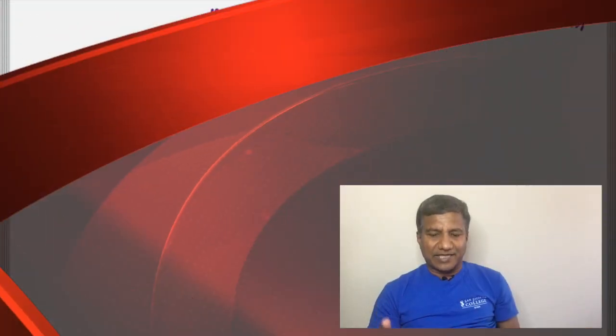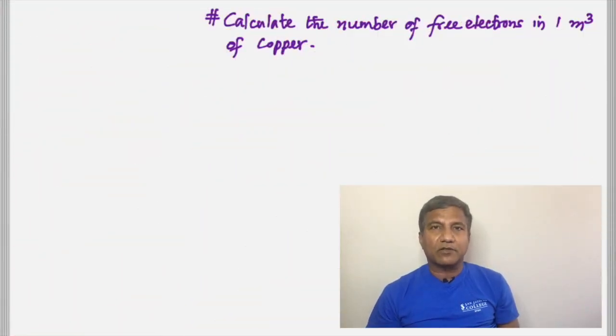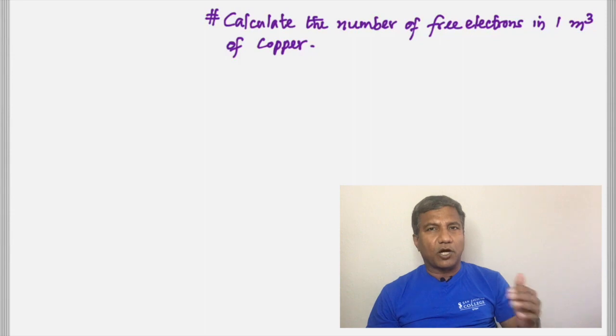So now let us calculate the number of free electrons in 1 meter cube of copper. The material copper has been specified and you will be given its atomic weight. And we also know that in copper there is one free electron per atom, and that will also be given.